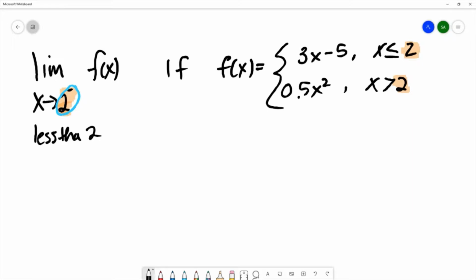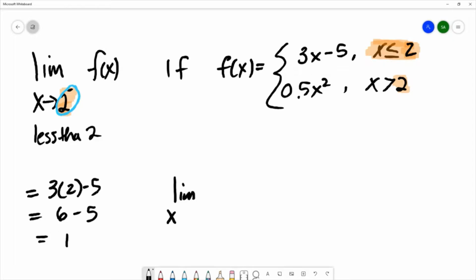So we want to go over here and use the equation that represents x being less than or equal to 2. So we'll find that limit by doing direct substitution right into that equation. 3 times 2 minus 5, that's 6 minus 5, which is 1. So our limit as x approaches 2 from below of f of x equals 1.